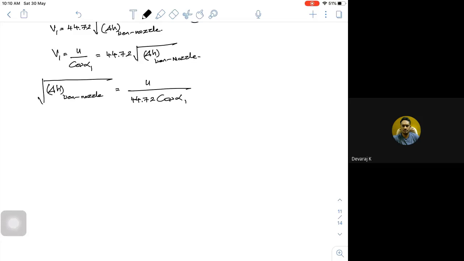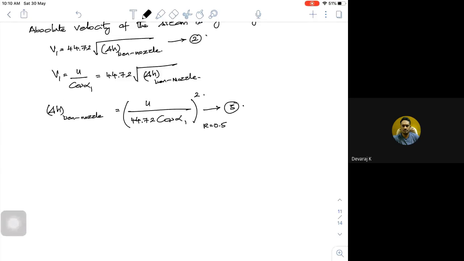If I want only delta H, I have to square it. I am calling this equation number 3. This is for R equal to 0.5.